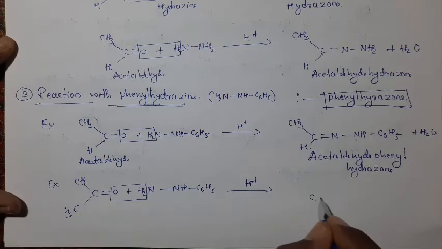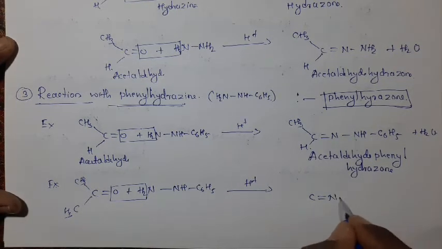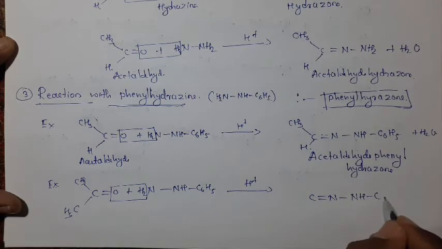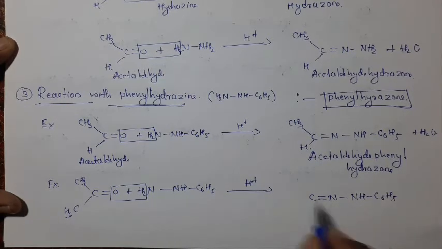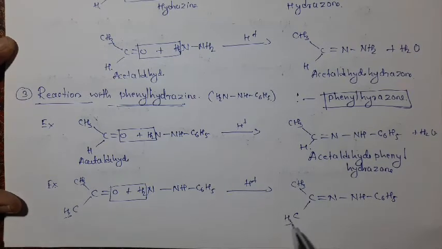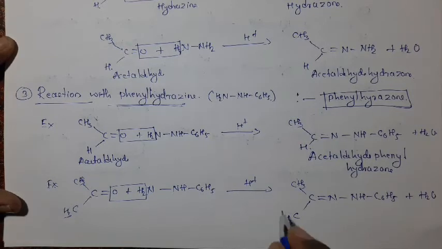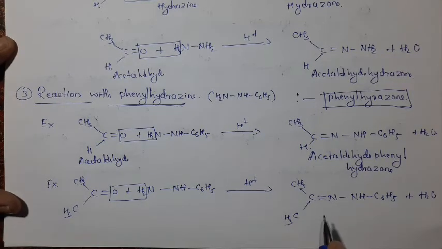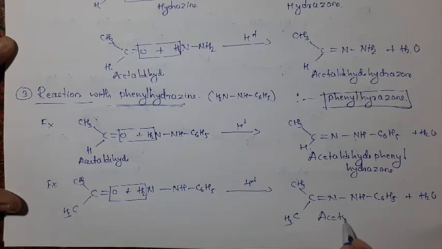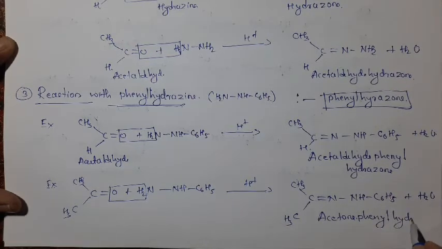It gives C double bond N NH C6H5, with CH3 and CH3, plus one water molecule eliminated, and this is called acetone phenylhydrazone.